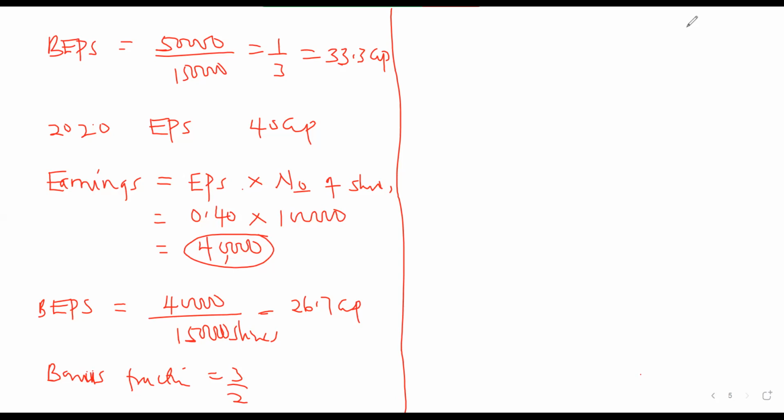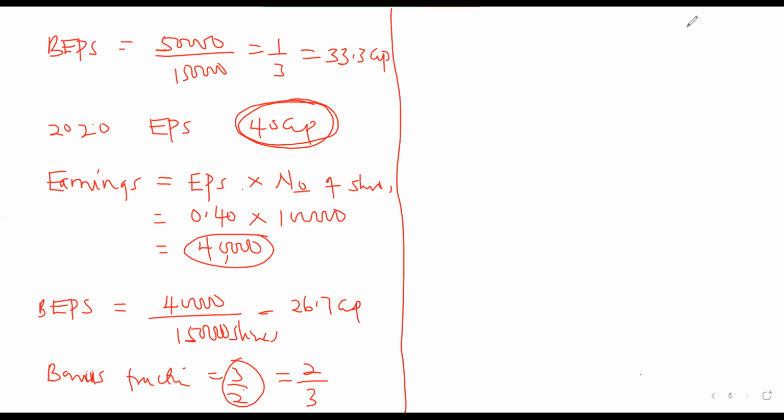So what you do is that you can adjust this particular earnings for the previous year using the bonus fraction. How do we do it? We turn the bonus fraction upside down. If you multiply by this, it means that you are increasing. So if you do it like this, it means that you are going to be reducing, because the earnings per share will be reducing because the shares have increased.